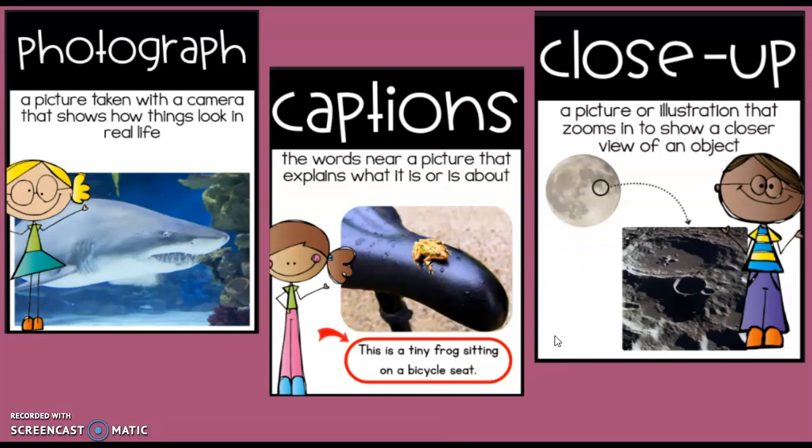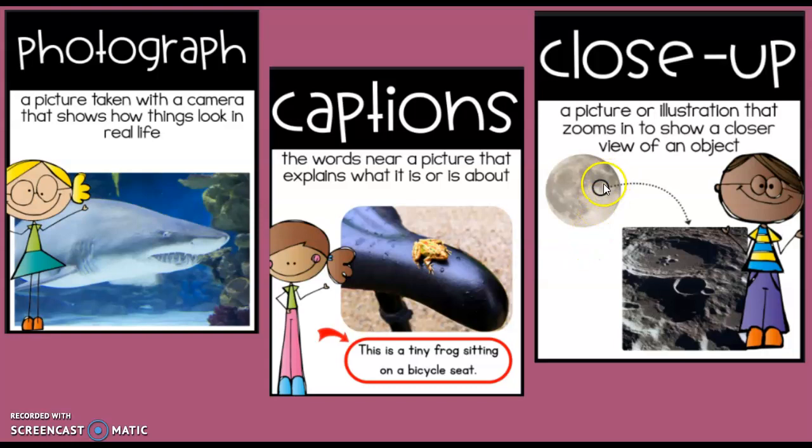And then our last sort of photographic piece of information is the close-up. So sometimes, like if we look at the moon here from far away, this regular far away picture of the moon, we're like, it looks kind of like a smooth surface that's different colors.